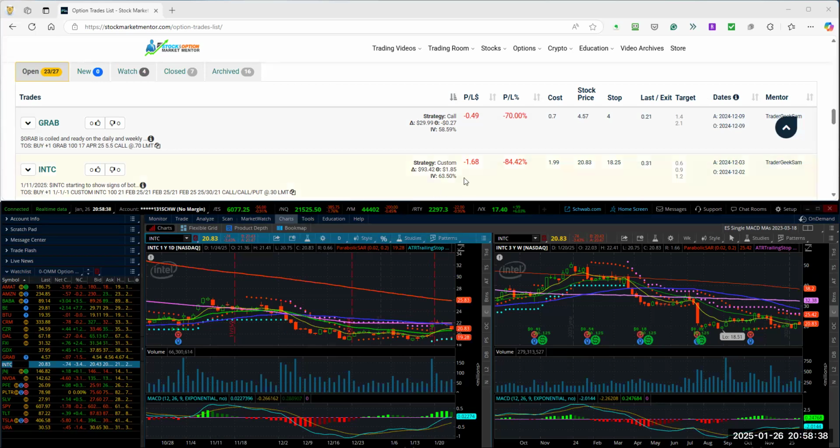Now here's Intel, which seemed to try to get above the 50-day, and that's the 100-day, the purple line, but not quite making it. It was down 3.43% on Friday. Just no lift in this whatsoever.